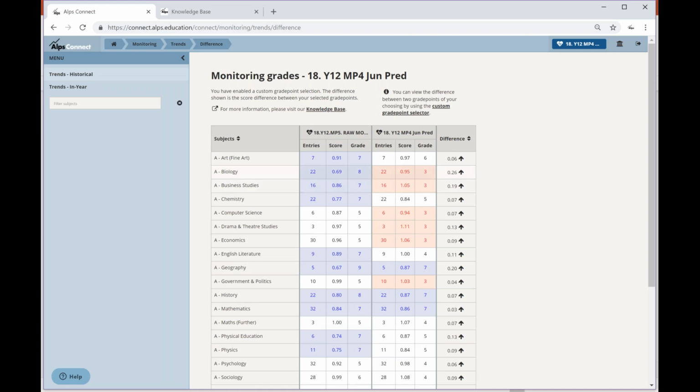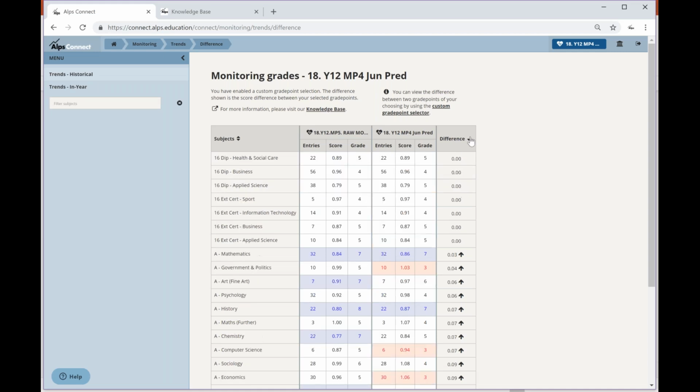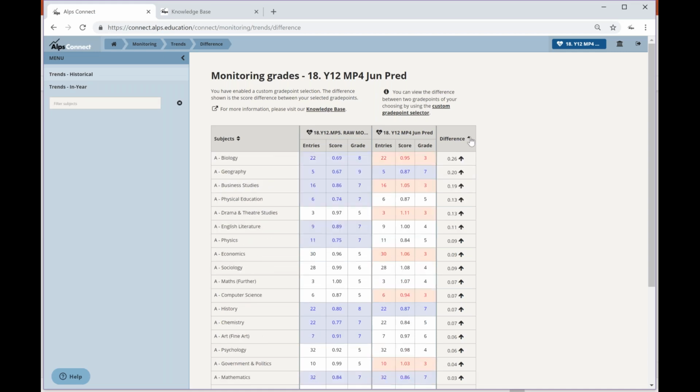So what I can do is sort by the biggest difference. I'm really picking on biology. It's okay, I'm a biology teacher, I'm allowed to. So look at biology here. You've got a grade 8 that they come out with at the end of that exam series, and they suddenly predicted a grade 3 from that exam data.